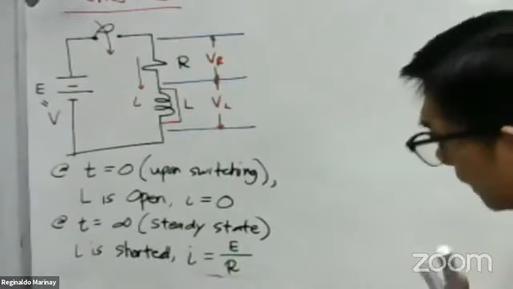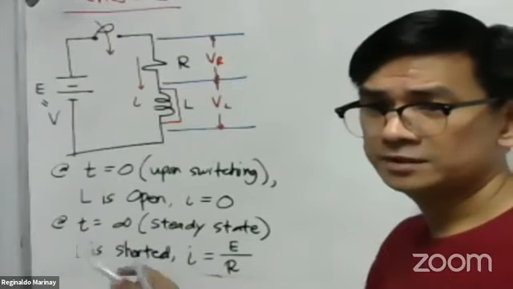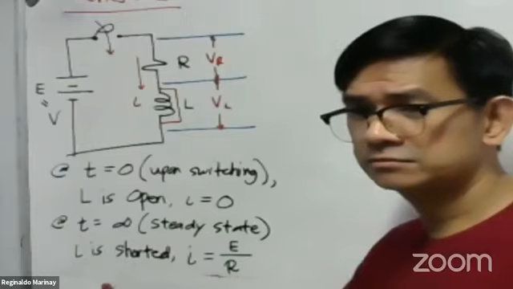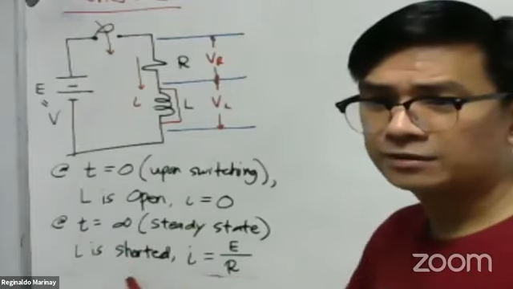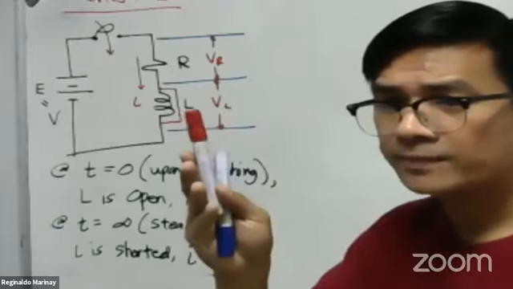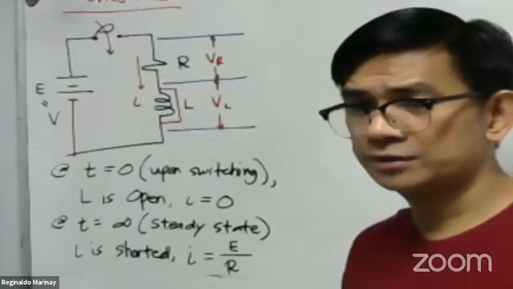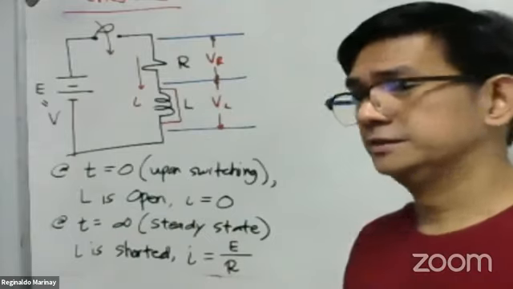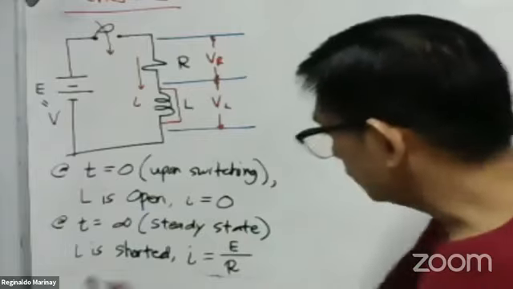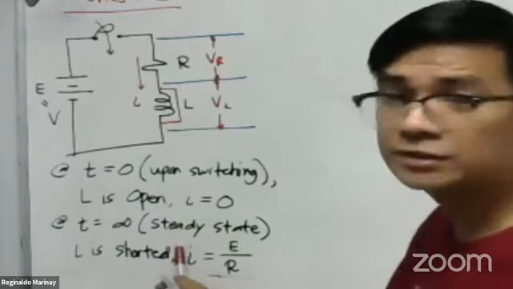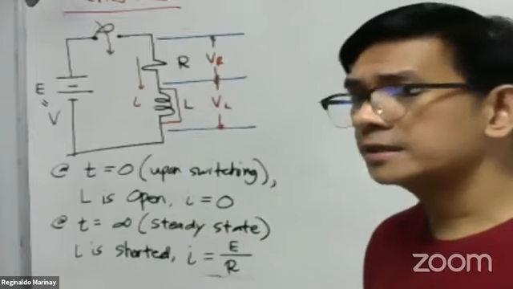This is the reason why a transformer can never be operated in DC. L is shorted here. It is because a transformer is an inductor, and an inductor is shorted at steady state condition. You cannot use it.